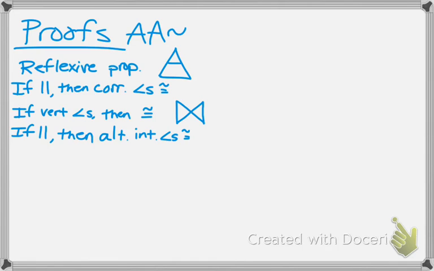We're not going to have anything with perpendicular bisectors because that gets us congruent segments. So pretty much that's going to be your proofs in a nutshell. So you're either going to have reflexive property or vertical angles, depending on the diagram. And then if you have parallel lines, you're either going to have corresponding or alternate interior angles. Okay? All right. So, questions with your proofs?